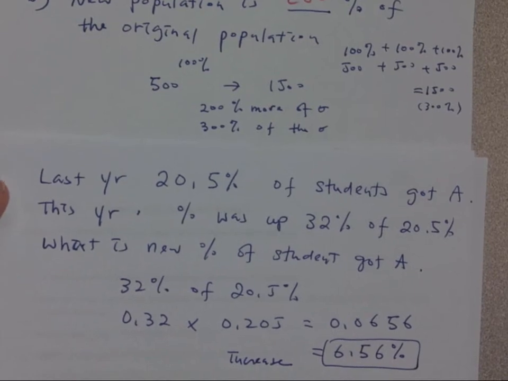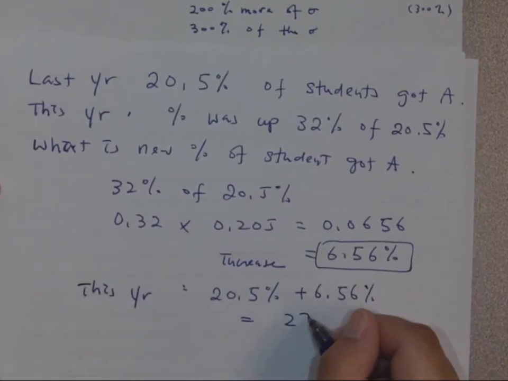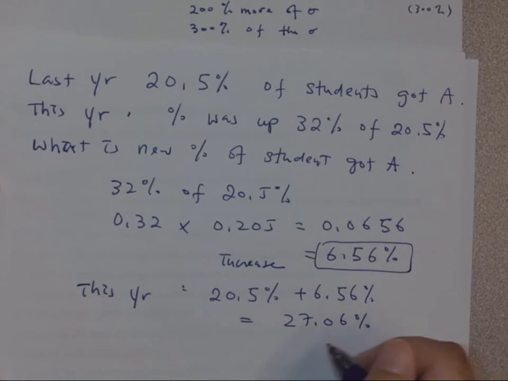So what is the total? This year, we got our 20.5%, adding the 6.56%. So together we have that percent of students who got an A, right?